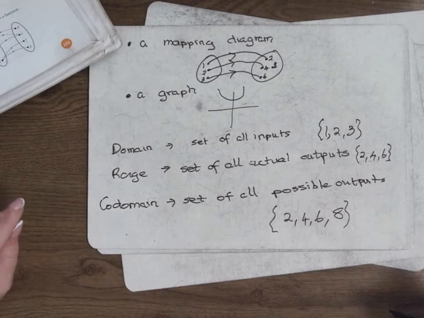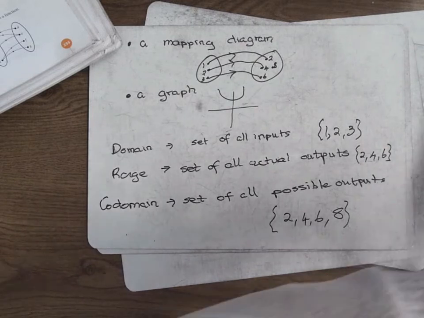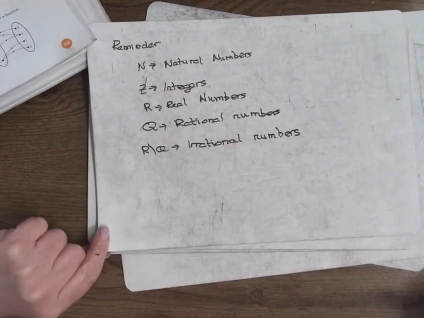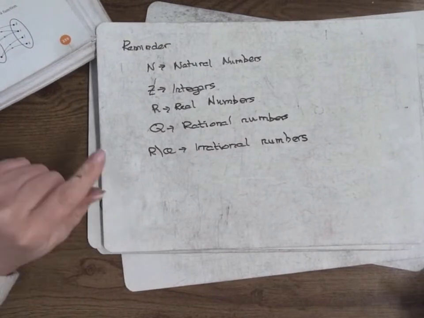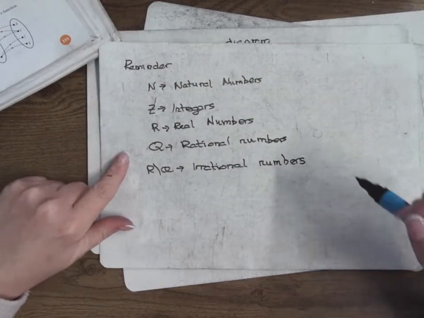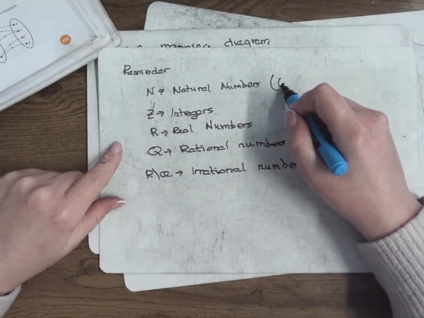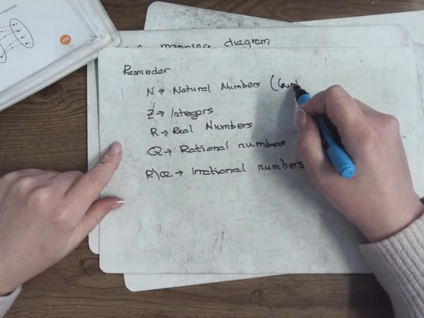Right, okay. So before I go any further, I need to remind you what N stands for, what Z stands for, what R stands for, what Q stands for, and what R less Q stands for. So N is natural numbers. You all remember what the natural numbers are, don't you? Counting numbers, positive whole numbers.